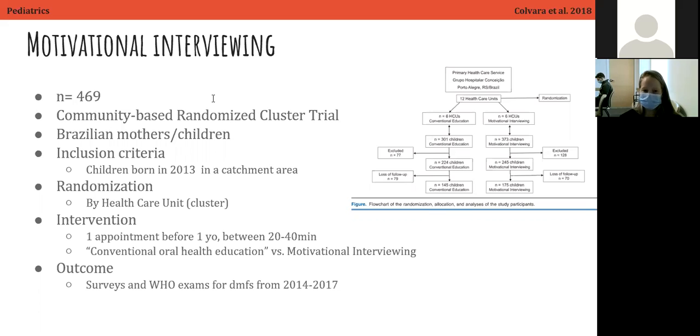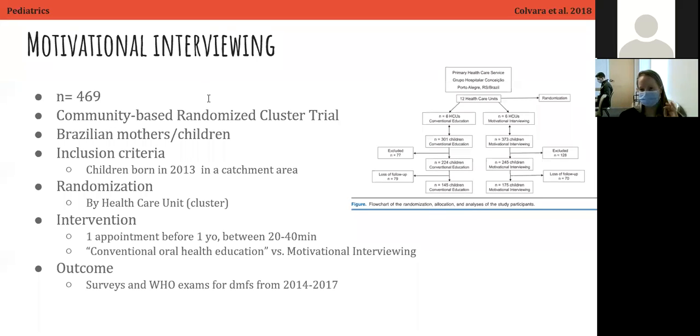In Brazil, the standard of care is that all children less than a year of age in this area get evaluated in healthcare units, which is basically a clinic, and the kids are assigned to these units and then continue following up in these clinics every year. So instead of randomizing by child, this study randomized by healthcare unit.